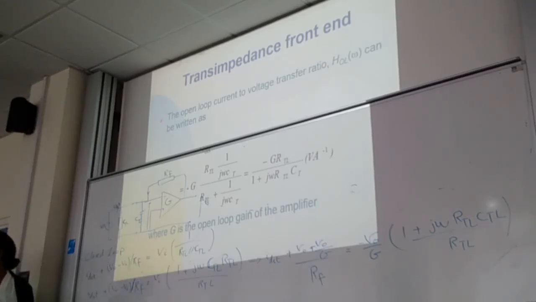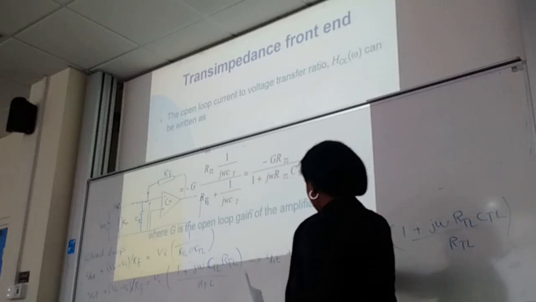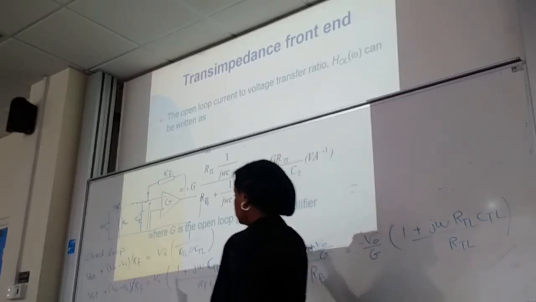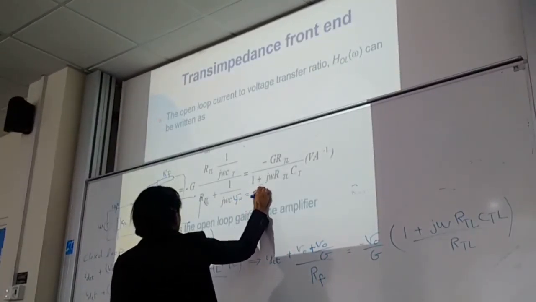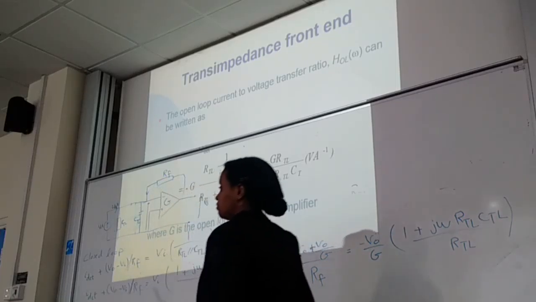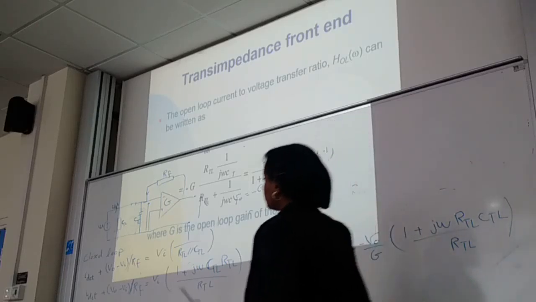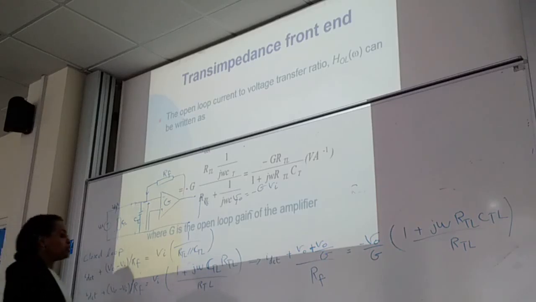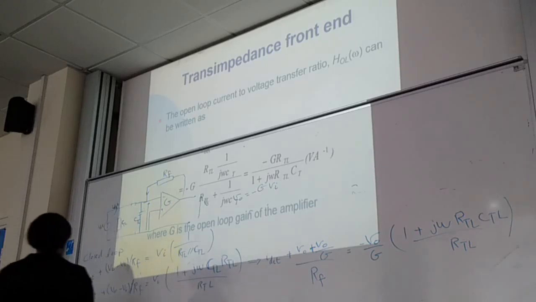V output plus V output over G, is it plus? Yes. It was a minus, but we have V out equal to minus G V in. And the current of the detector is I DT.